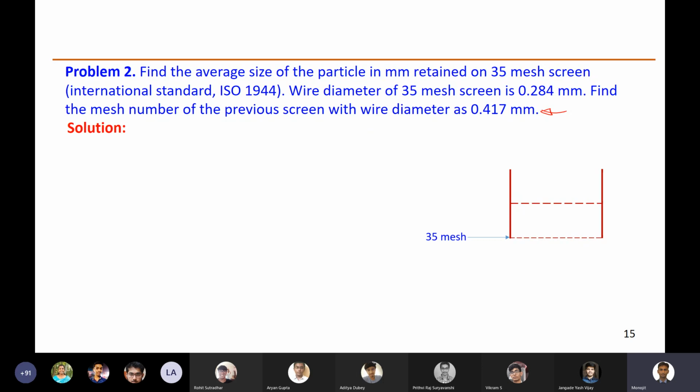So let's take the bottom one as the 35 mesh screen, right? So some particle is retained on this screen, and you have to find the diameter of this particle. And what you know is the wire diameter as well as the mesh number of this screen. 0.308 mm, I don't know, I have to see. But how do you solve it? You just tell me the procedure.